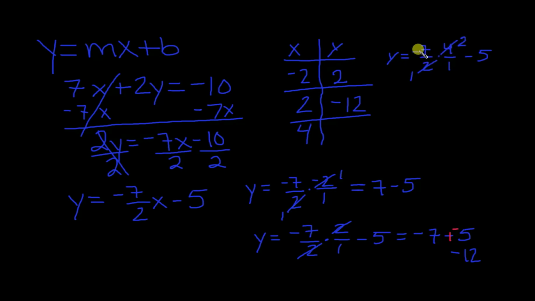We have a negative 7 times a positive 2. Negative times positive gives us a negative 14 minus 5. So again, it's like adding a negative. And we are left with y equals negative 19.